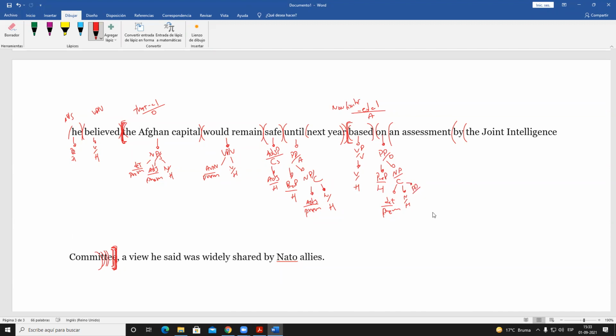On an assessment, but I think it is not obligatory. I can erase it. Therefore, it's a post-modifier. This prepositional phrase by the Joint has the preposition head by, and then the Joint whatever is a noun phrase complement, created by the presence of the, a determiner pre-modifier, and Joint Intelligence Committee, as it is in capital letters, is just one single noun, and that's it. Up to that part, any problem?